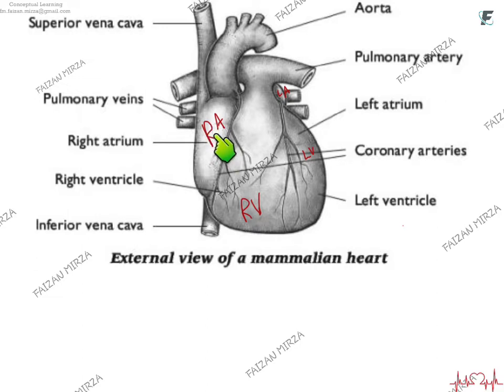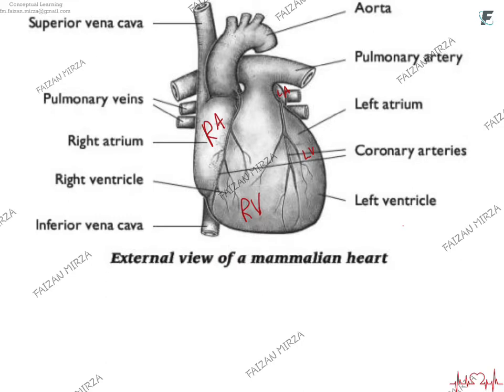So let's start with the right atrium. This region is the right atrium, and here you can see your pulmonary veins which are present just beside it. This is the external anatomy. The pulmonary veins are just peeking from behind the right atria, and here you have the inferior vena cava.